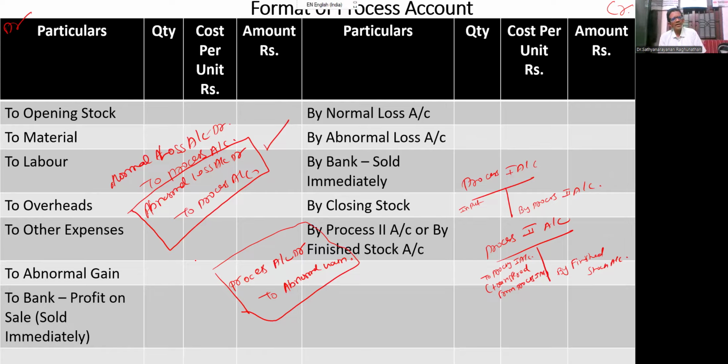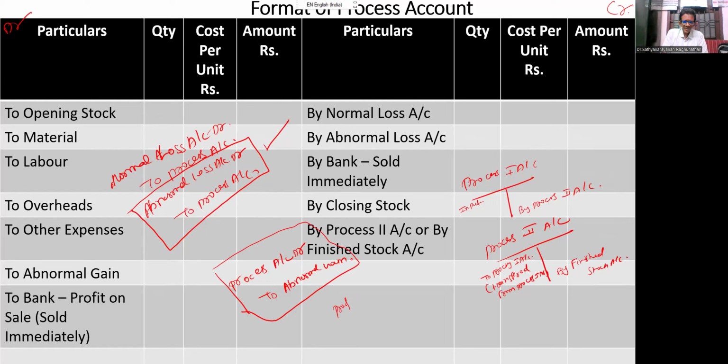Now, to bank, profit on sale. If there is any profit on sale, you have to credit all the incomes and gains. Nominal account rule: credit all the incomes and gains. Please make a note.